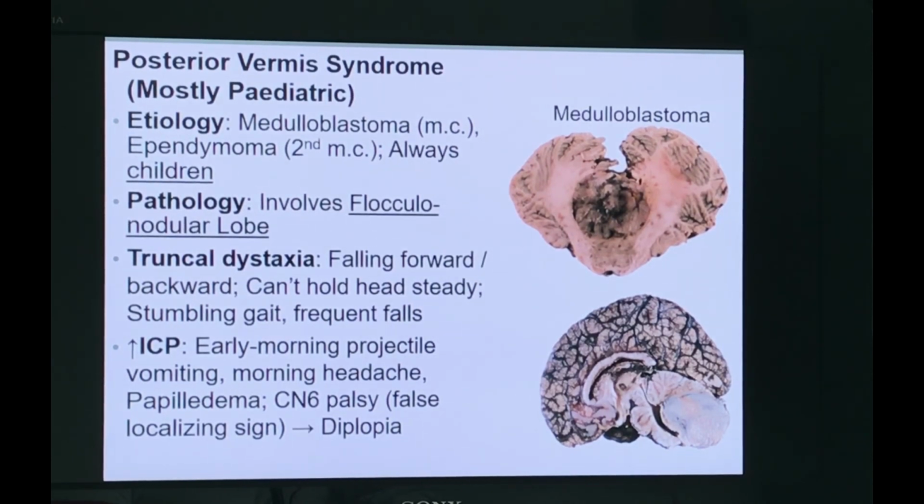So due to the increase in pressure, there might be slight stretching of the abducent nerve, which will affect the lateral rectus muscle. The abducent nerve mainly supplies one of the eyeball muscles, the lateral rectus. So due to this, the child might have double vision, diplopia. So these are a few signs and symptoms related to cerebellar lesions.